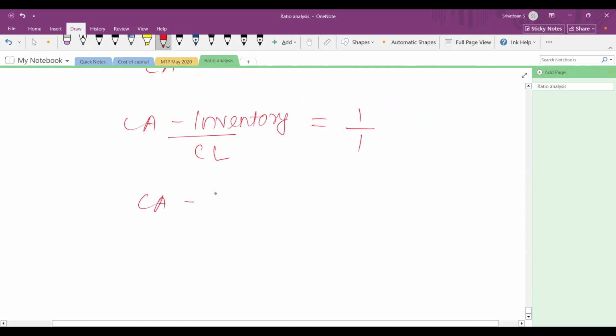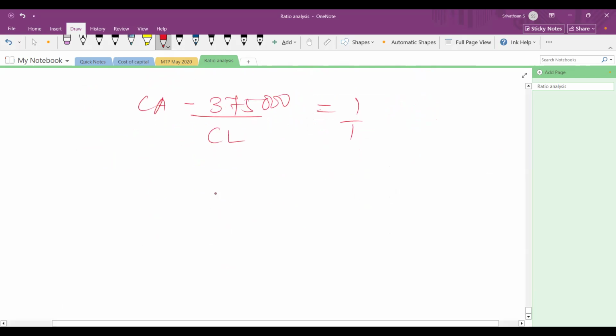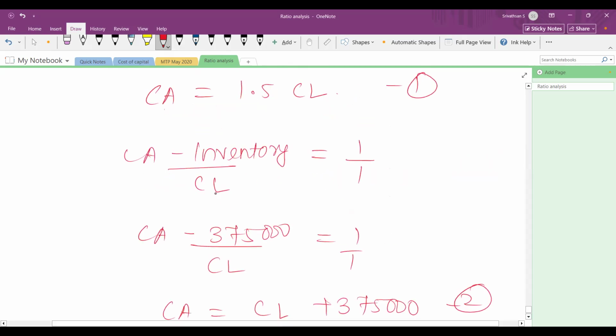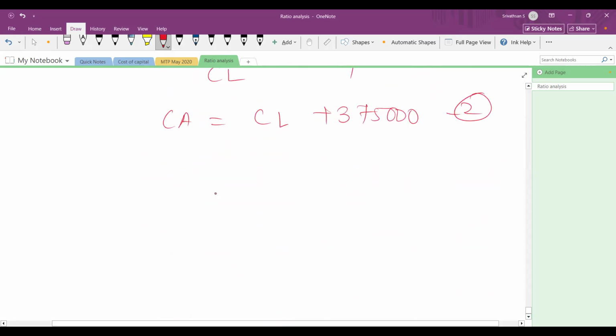So current asset minus inventory, how much we calculated? 3,75,000 by current liability is equal to 1 by 1. So current asset is equal to current liability plus 3,75,000. This can be written as equation 2. So solve both the equations and tell me the current asset figures.